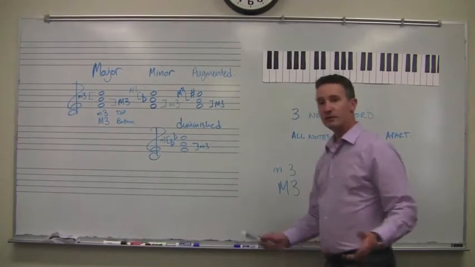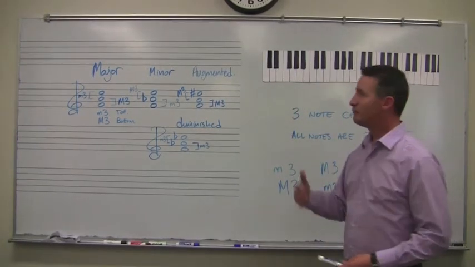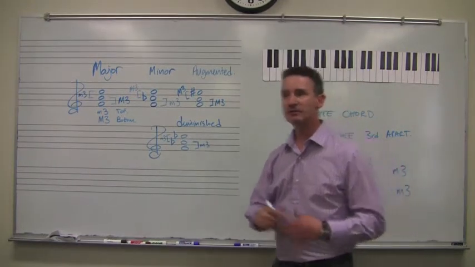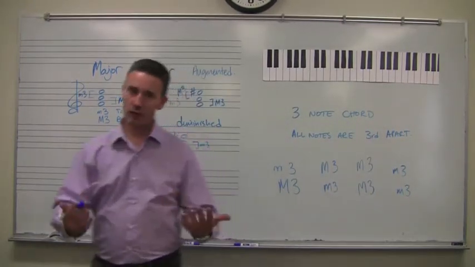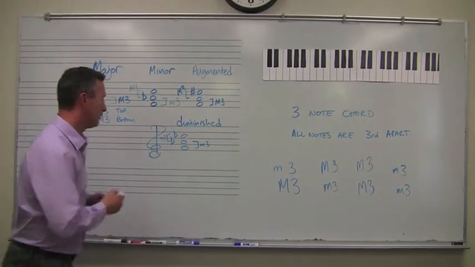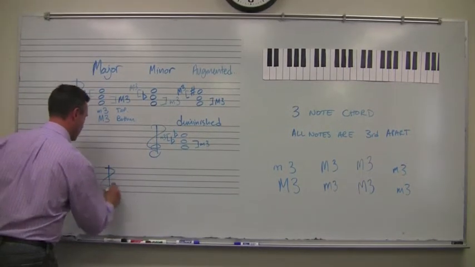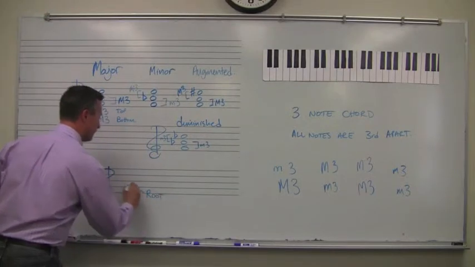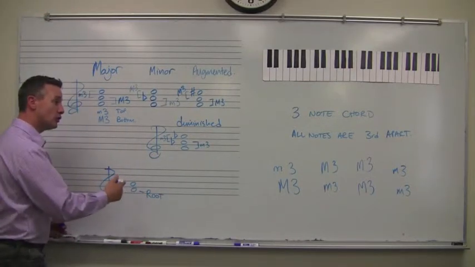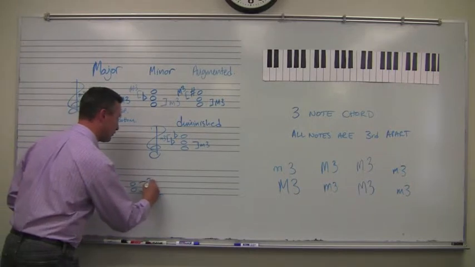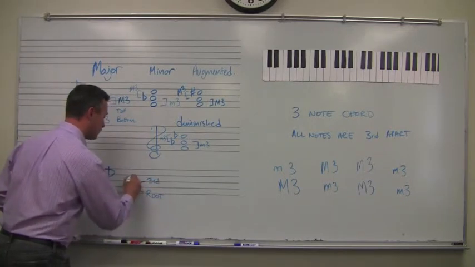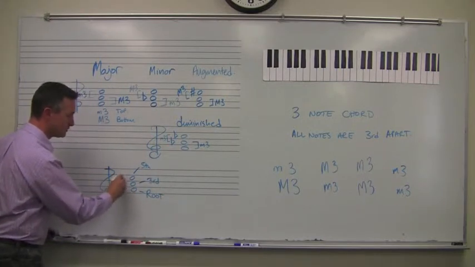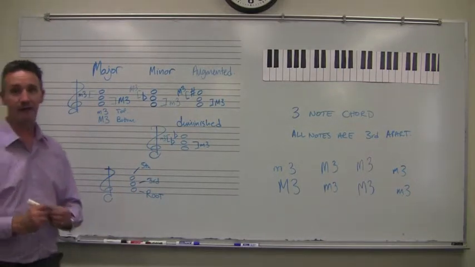Now, the other thing that we should bear in mind is that we do generally refer to the members of the triad with some specific terms, just again, as a matter of knowing how to communicate to one another. So we talk about the bottom note as the root, then we talk about the note that is a third above the root as the third of the triad, and the top note, which is a fifth above the root, as the fifth of the triad.